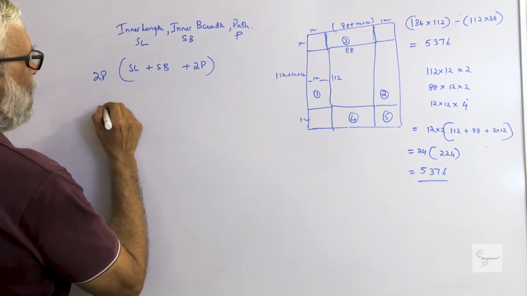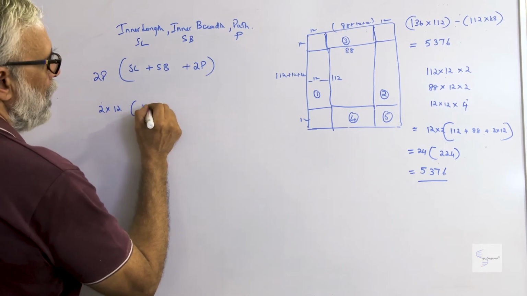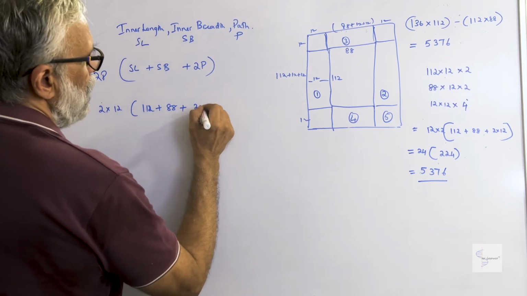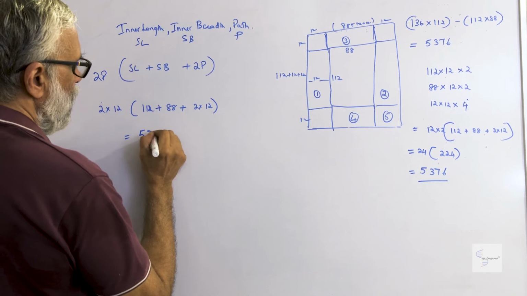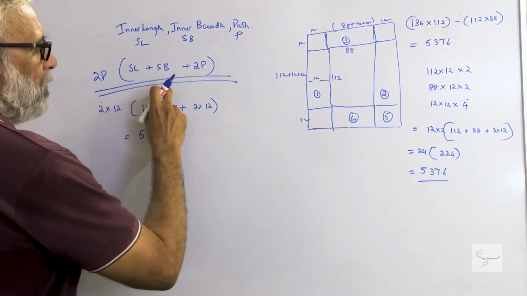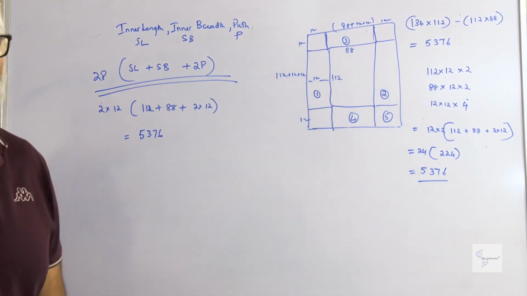Here it's nothing but 2 into 12 into 112 plus 88 plus 2 into 12, which is equal to 5376. So, applying the formula, remember what it represents in each case.